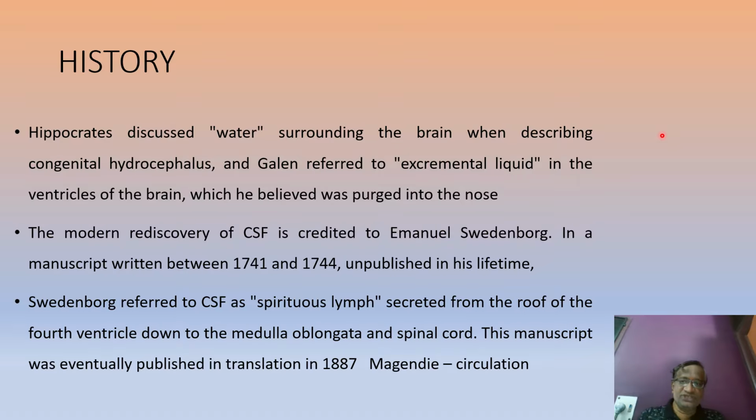What is the history about this circulation of CSF? Hippocrates discussed water surrounding the brain and Galen referred to it as experimental fluid. Emanuel Swedenborg, 1741 to 1744, left this unpublished in his lifetime, but the manuscript was published in 1887.